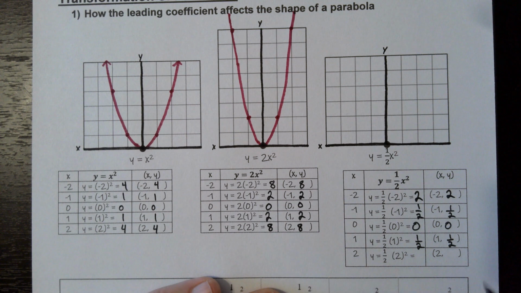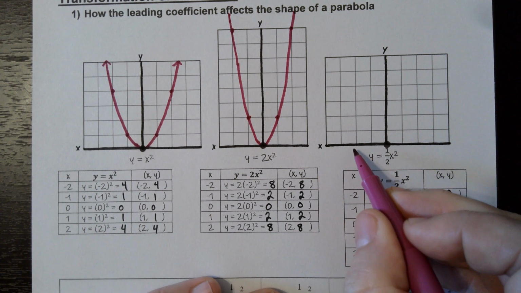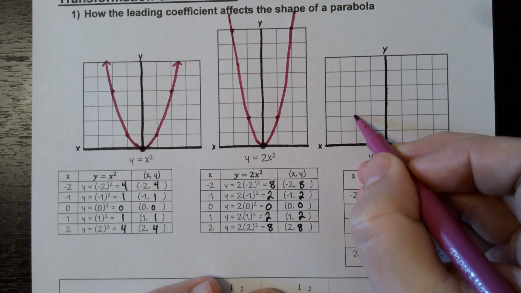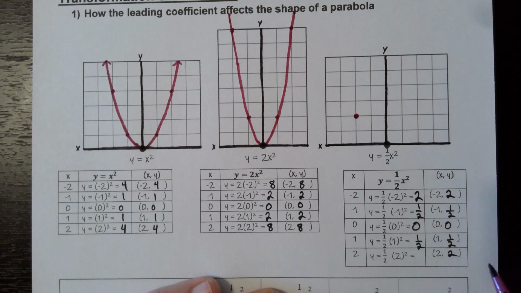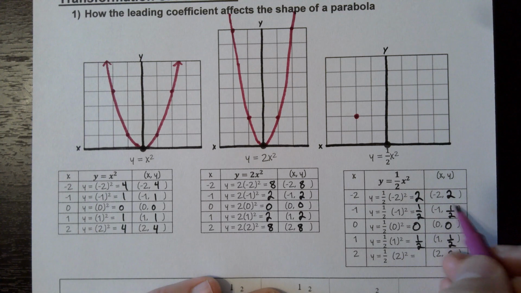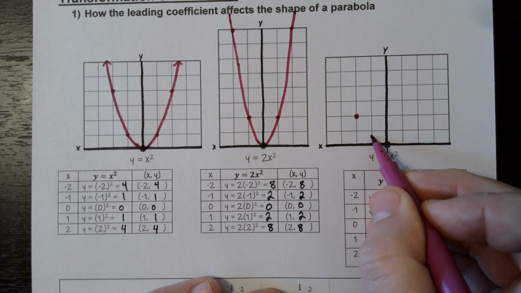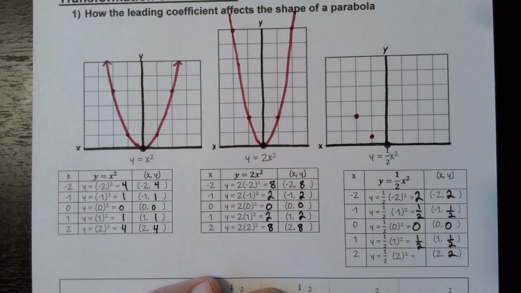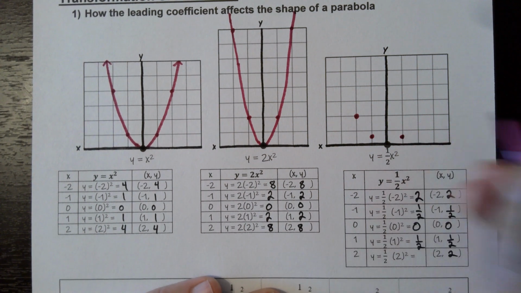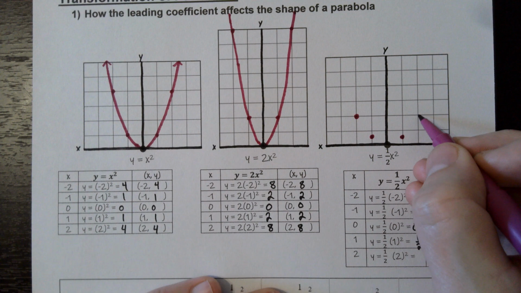That's 4 times 1/2 is 2. Okay, so let's plot those points. -2 comma 2 is here. -1 comma 1/2 is in between here, right there. 0, 0 is in the middle. 1 comma 1/2 is there. And then 2 comma 2 is there.